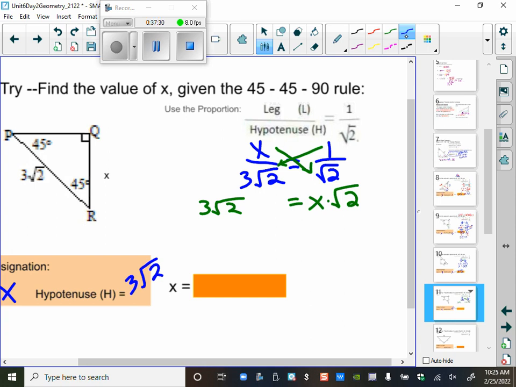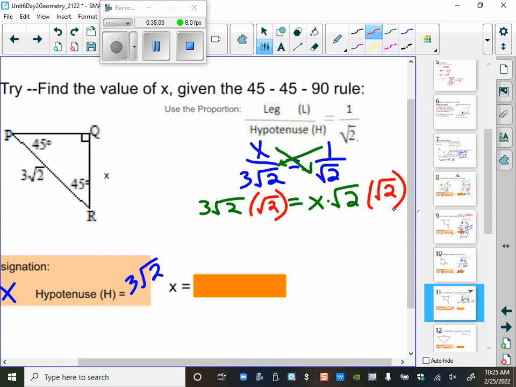Okay, you're on the right track, so we get the x by itself, but more importantly, when you said again, multiply both sides by what again? Square root of 2. Okay. Let's see where we're going with this.